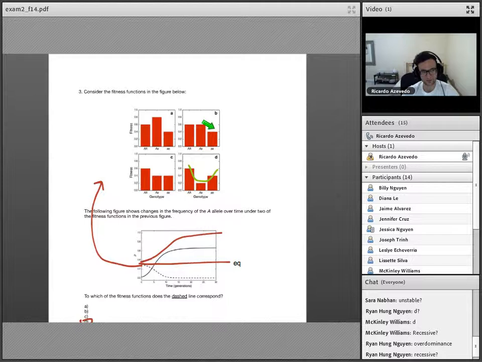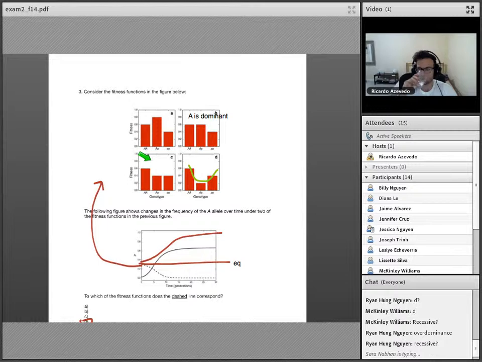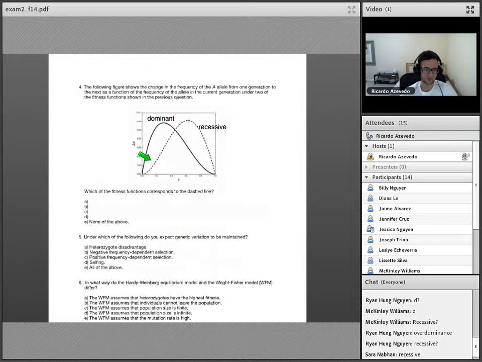So it should be dominant, right? Because capital A is dominant. So what about C? Is it dominant or recessive? C is recessive. So the one that corresponds to the dashed line is C.